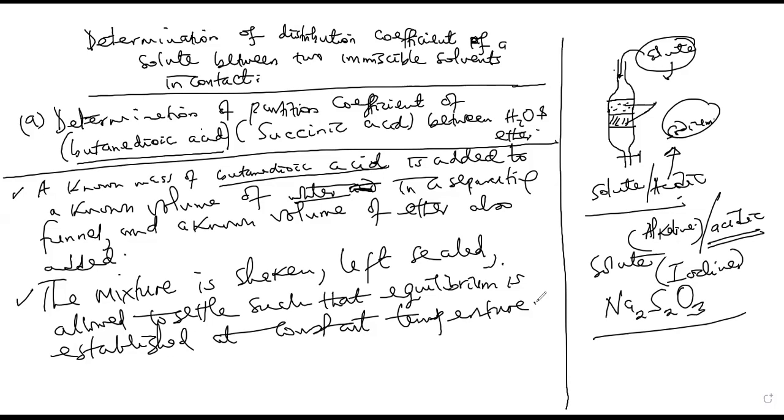Now, as it settles, the layers are going to be formed. And the solute is going to distribute itself between those two layers. So we shall have the solute in the aqueous layer, which is the water layer, and the solute in the organic layer, which is the ether layer.